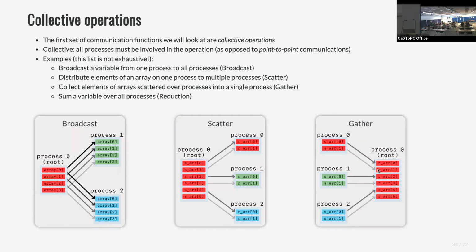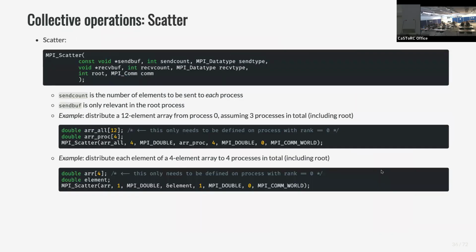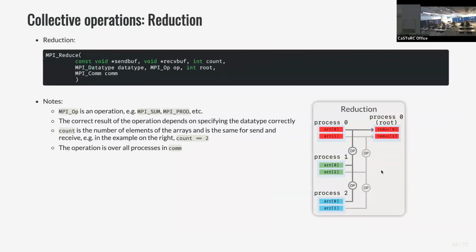For this gather operation, maybe you want to reuse the first two elements of this array here, so that you don't have two arrays, right? An S array and an R array. Then you could use the special variable MPI in place to say that for the root process, just overwrite whatever the send array is with the receive array. It's a bit of an edge case, so don't worry too much about it. It's just so that if you ever need to do this, you know that there's a way to do it.